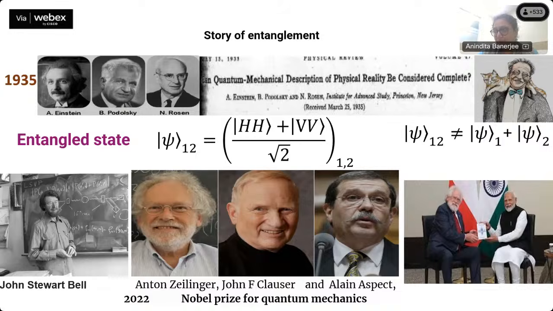Now, the work published by both of these scientists actually inspired many, and one such person was Bell. Bell started investigating whether local hidden variable theory is compatible with quantum mechanics. Then he gave an inequality that must be obeyed by any local hidden variable theory, and that is known as Bell inequality.